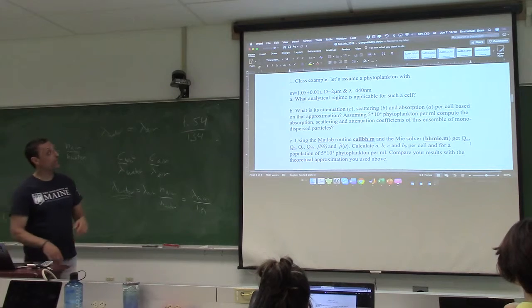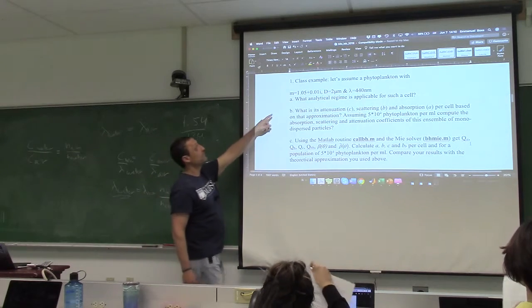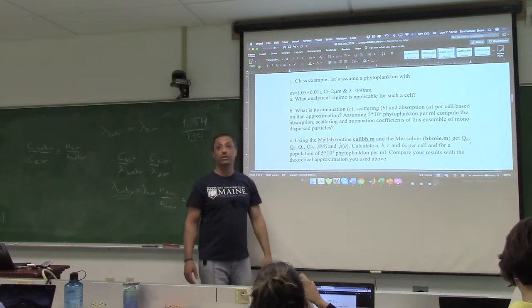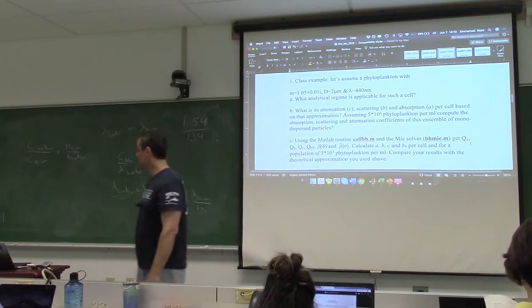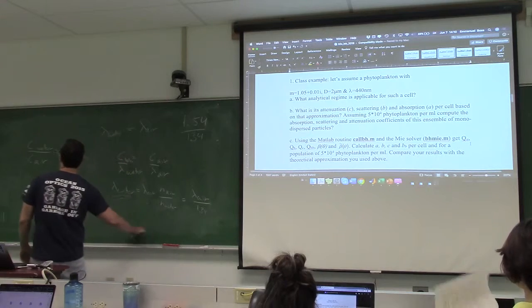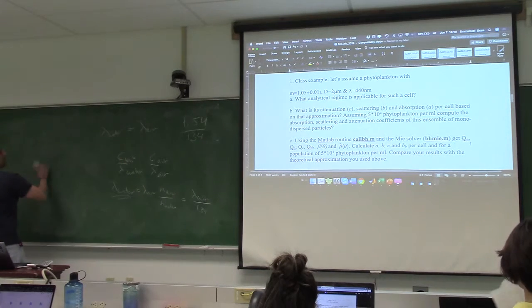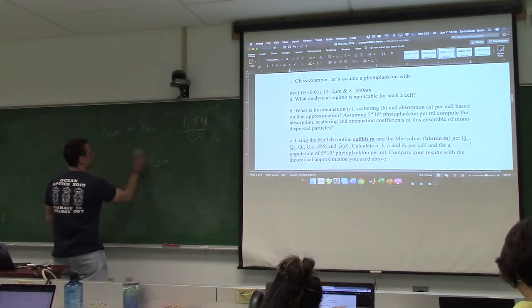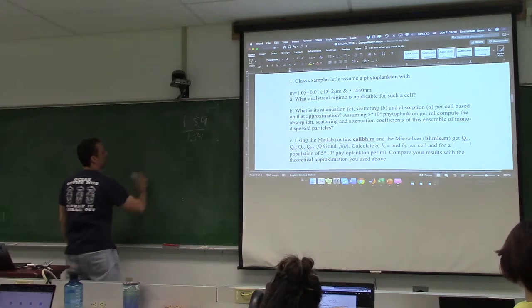We're going to start with a simple example. Let's assume this phytoplankton. I want you to go to the last page and check which approximation it could do. So you have to calculate the size parameter for it. What else do we have there in the approximations?